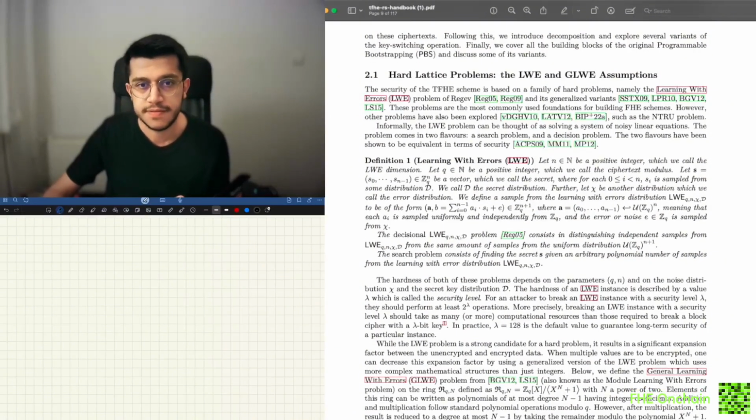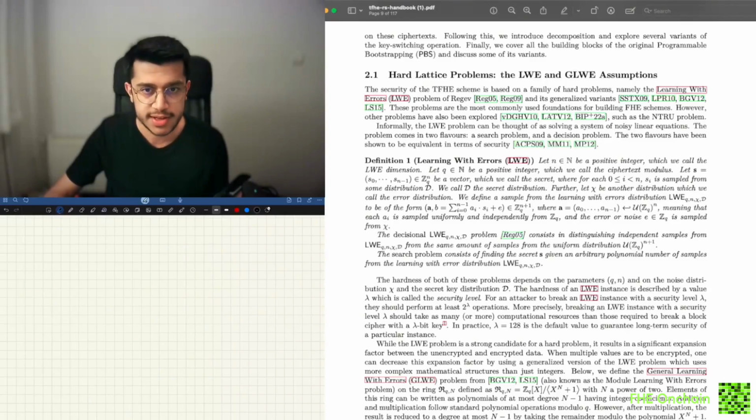So the first definition of the handbook is the learning with errors definition. We have a positive integer n, we call it the LWE dimension. And we have q, which is the ciphertext modulus.